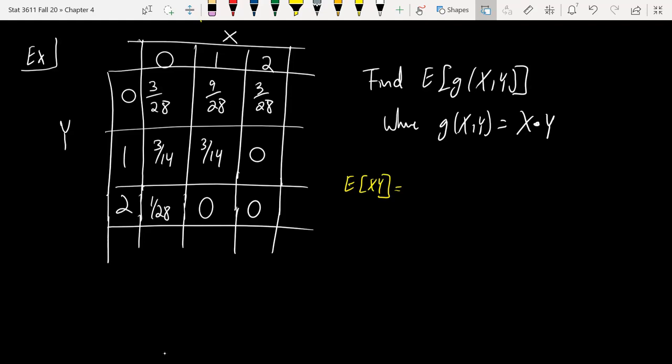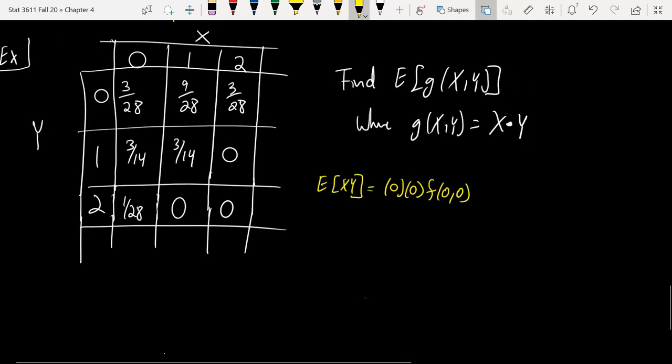So what can we do here? Let's take the first case, when x is 0 and y is 0. 0 times 0, and there's a 3/28 probability that it takes on the value 0, 0. In general, that would be 0, 0 times f of 0, 0.